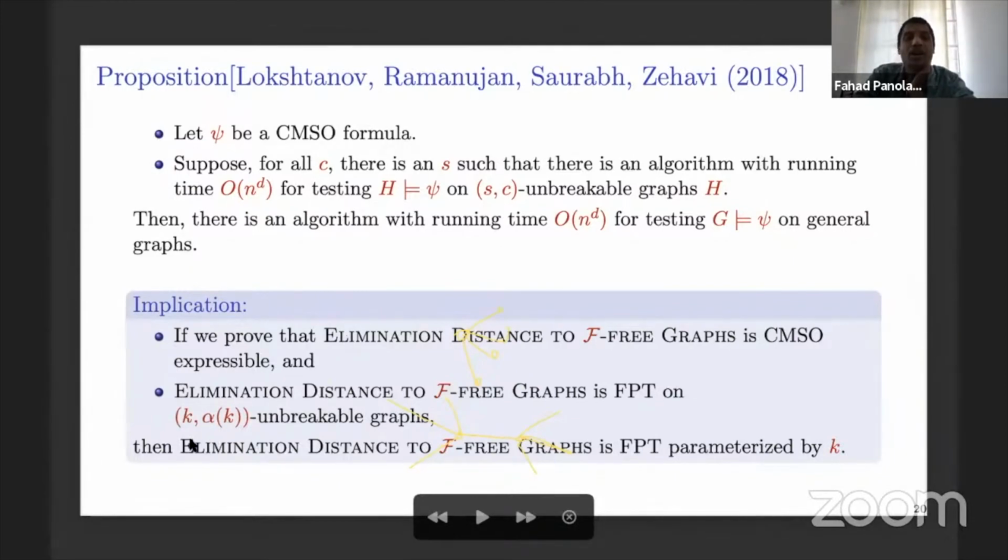For all K-alpha(K) unbreakable graphs, if you are able to design an algorithm for elimination distance to F-free graphs and prove that this problem is CMSO expressible, then elimination distance to F-free graphs is FPT parameterized by K on general graphs. Is this implication clear to you? Any questions?